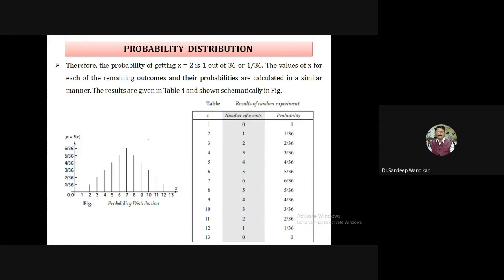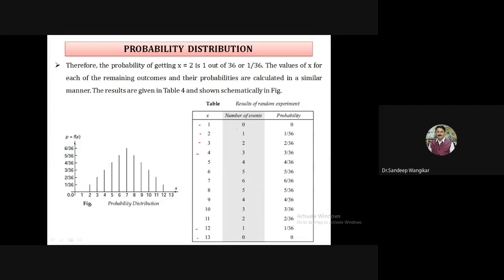Therefore, the values of x for each remaining outcome: x is equal to 1, x is equal to 2, x is equal to 3, x is equal to 4, up to 6 plus 6, x is equal to 12. It is plotted. Is x equal to 13? No, 0. First, x will not be equal to 1, because two cubes showing 1 plus 1 will become 2.